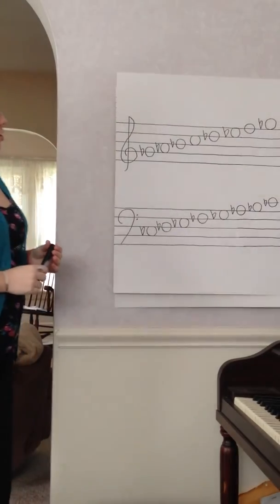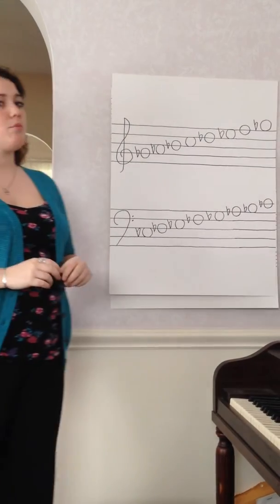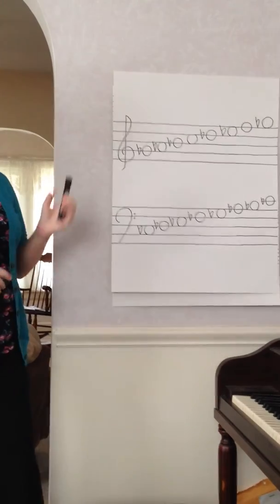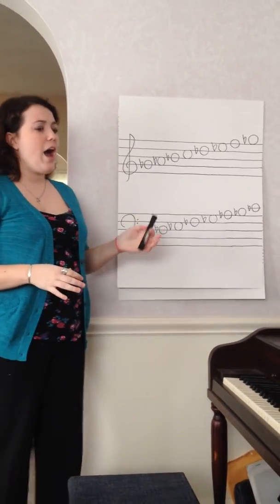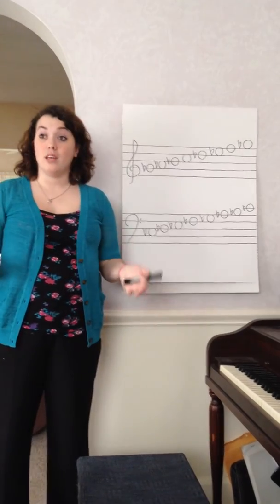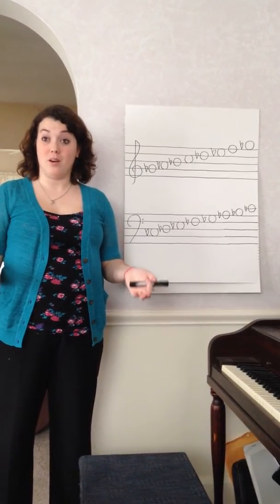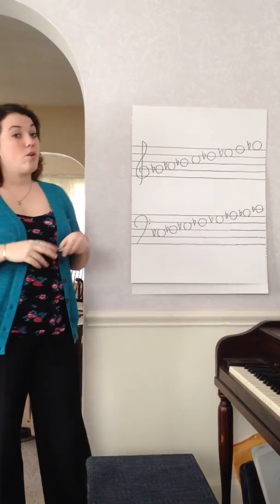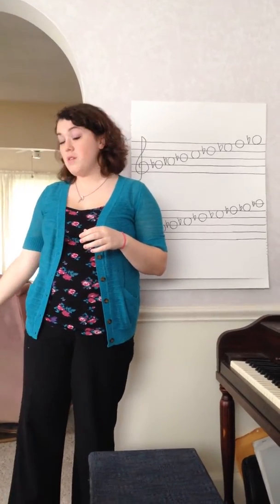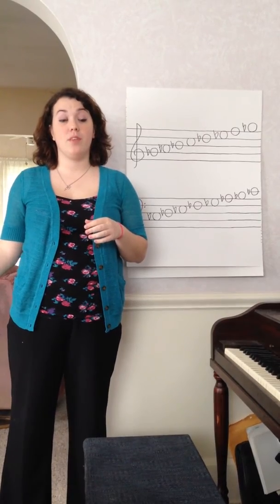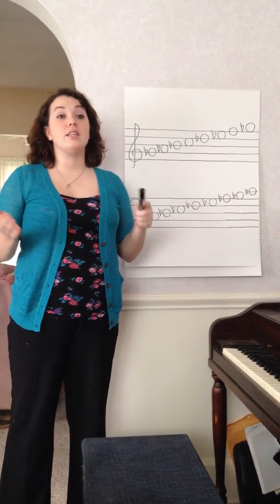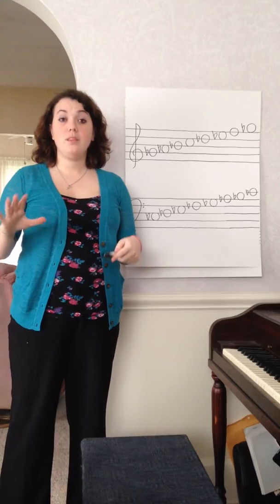Good. So some of you are probably thinking, well, I know that when I play or when I sing, G flat is the same as F sharp. Right. In our previous examples, we showed F sharp major. What we call this is enharmonic.